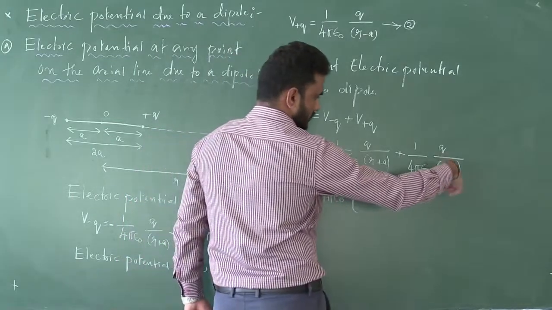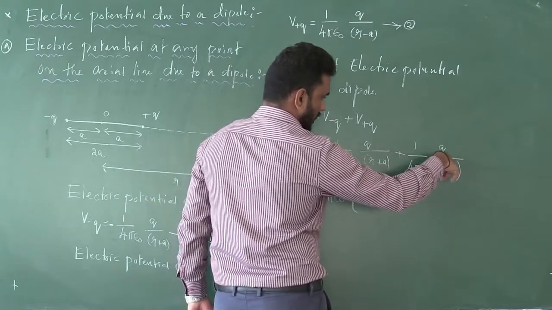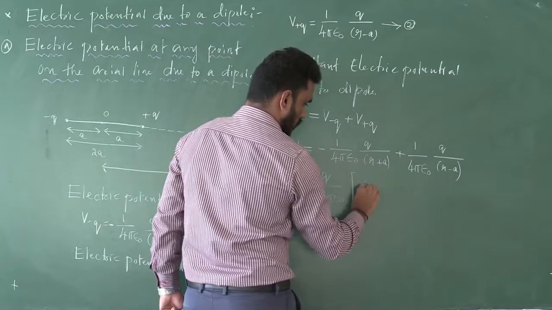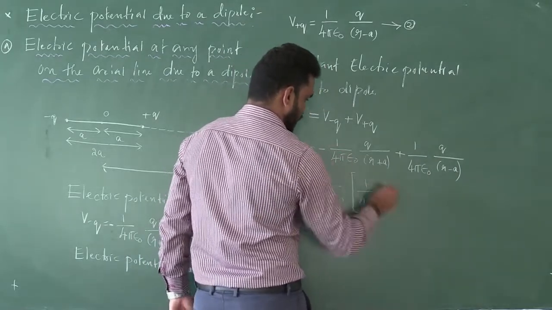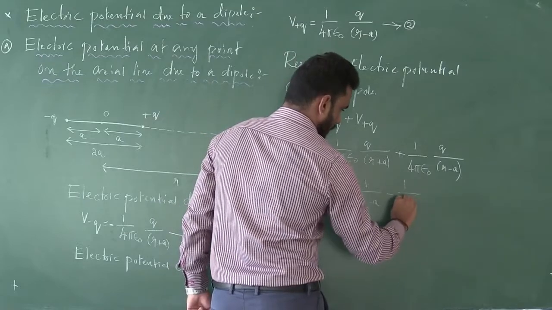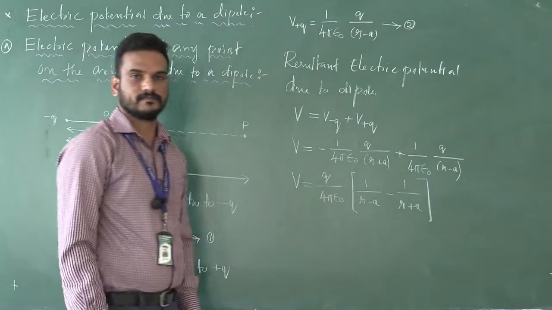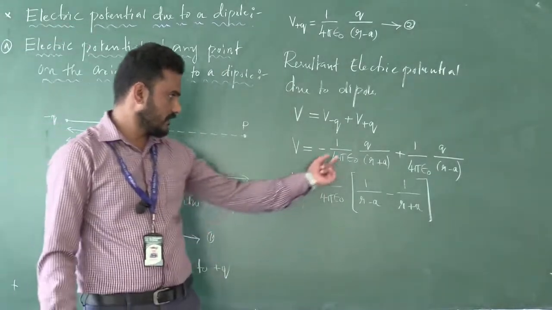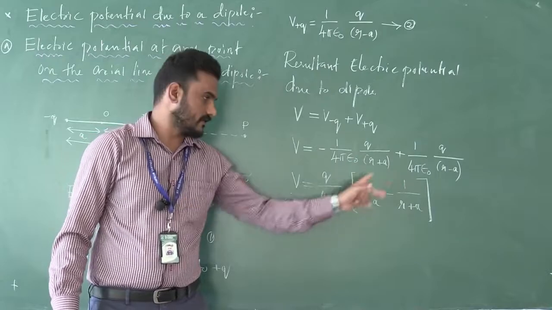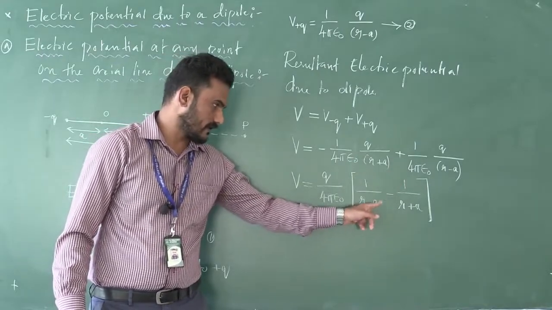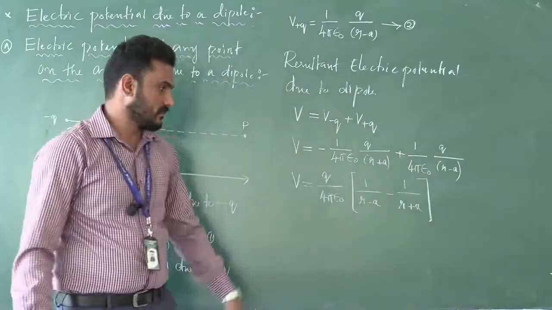Q is already taken, the remaining is 1 divided by r minus a, then minus 1 divided by r plus a. I have just taken Q divided by 4 pi epsilon naught as common. The remaining is 1 over r minus a minus 1 over r plus a, so the minus sign is there.